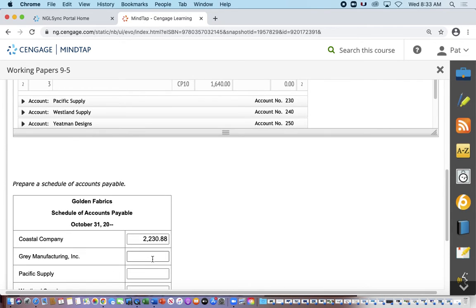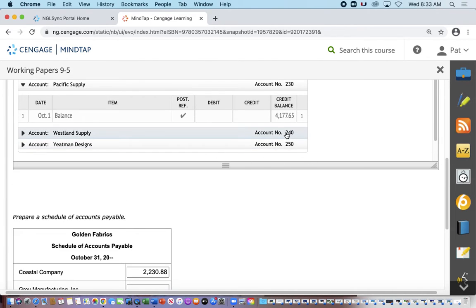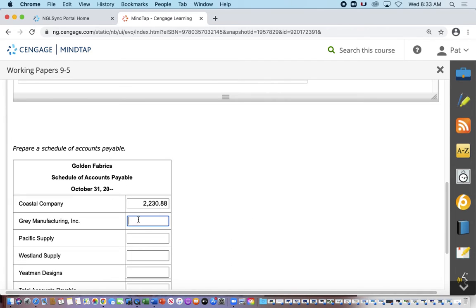So Gray Manufacturing is listed, even though it's a 0, I suppose. Okay. Pacific, 4,177. Oh. And 65 cents.